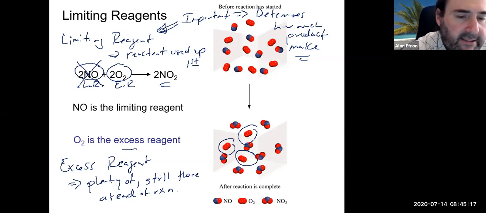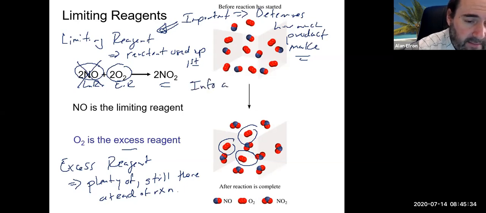The way you can recognize a limiting reagent problem is you will typically be given enough information about all of the reactants to get to moles. So typically that's 2 usually. So if you're given info about both reactants, it doesn't always have to be 2, but usually it is, then you know it's a limiting reagent problem.